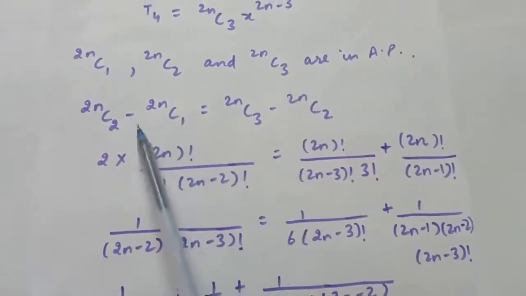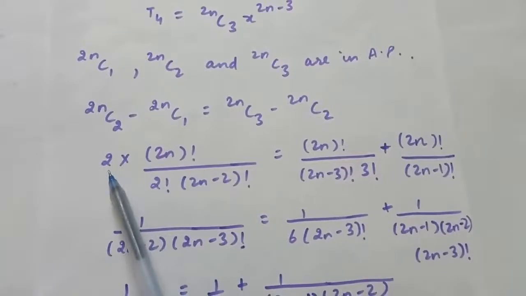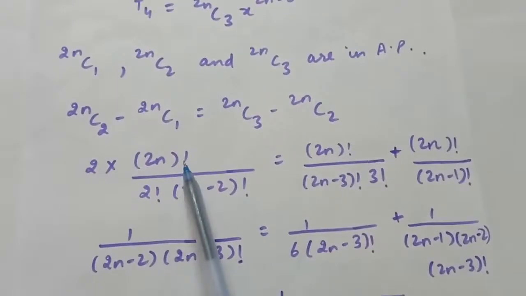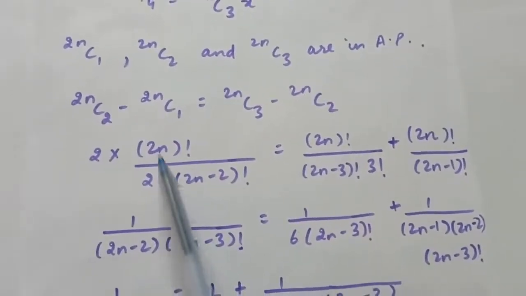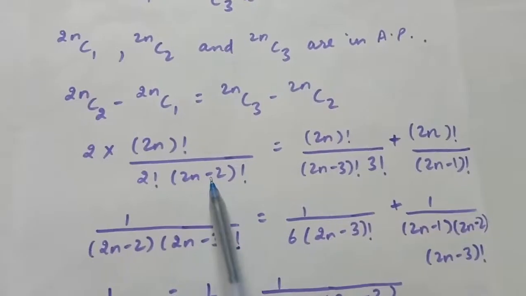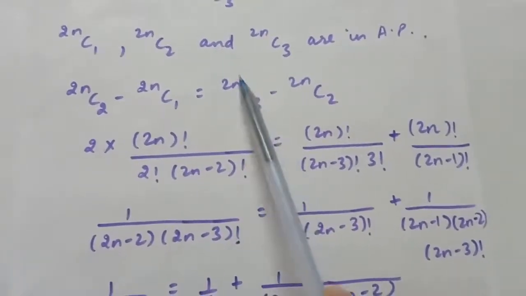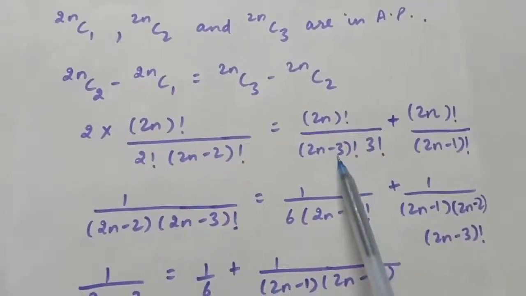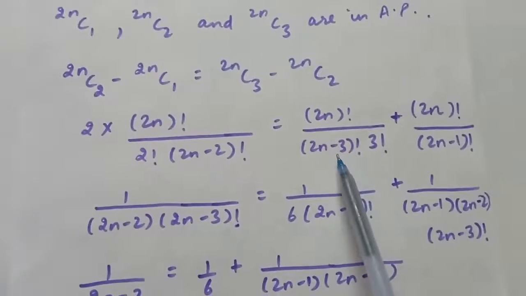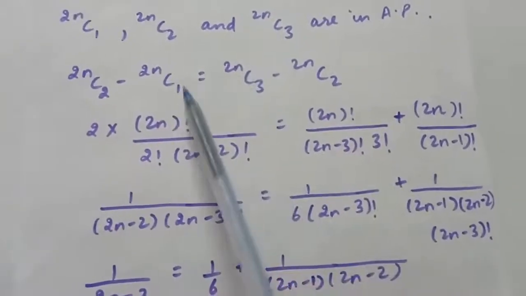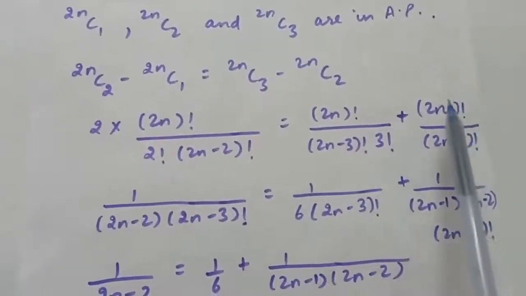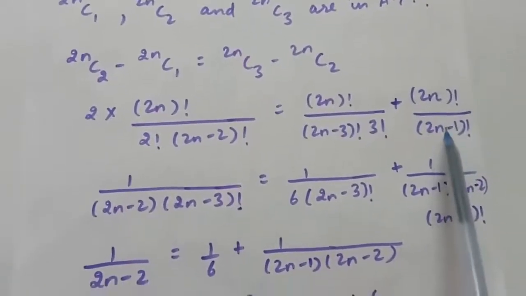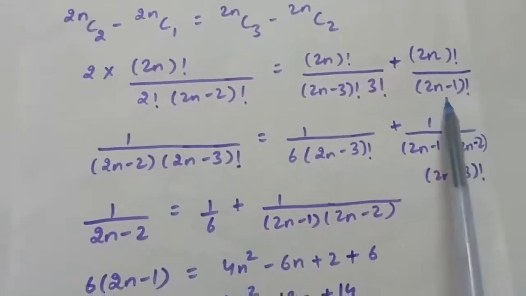When you will take this 2nC2 this side, it will become twice of 2nC2, and writing this 2nC2 as 2n factorial upon 2 factorial into (2n minus 2) factorial equal to 2nC3 will be 2n factorial upon 3 factorial into (2n minus 3) factorial, plus take this 2nC1 this side, so plus 2nC1 will be 2n factorial 1 upon 1 factorial into (2n minus 1) factorial.